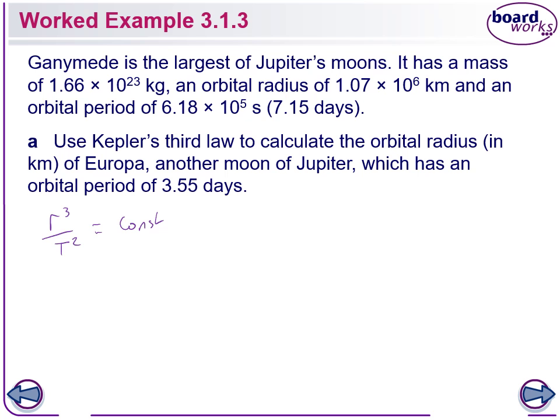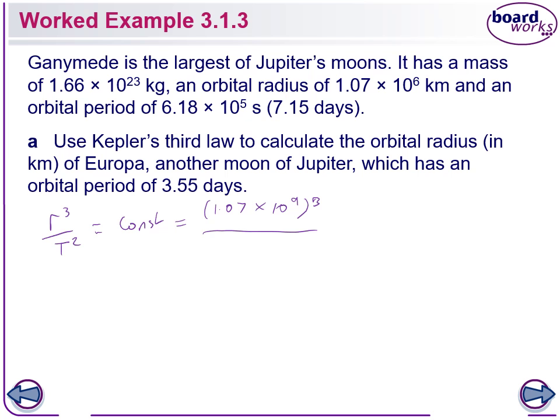So if we work out this constant for Ganymede, the radius of Ganymede is 1.07 times 10 to the 6. Now, this is in kilometers. This is, again, one of those things you can leave if you're really confident, but I would rather you not, so I'm going to change it to meters: 1.07 times 10 to the 9. So that's our radius. We need to cube that, divided by our period, which you could leave in days, but we're not going to.